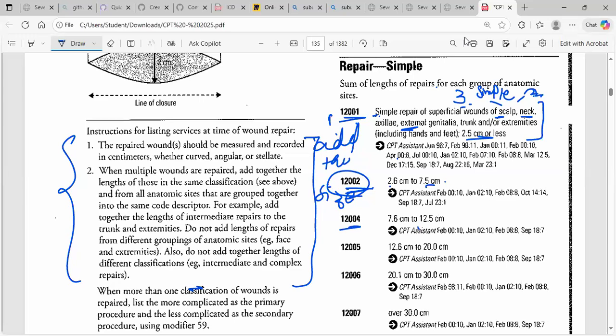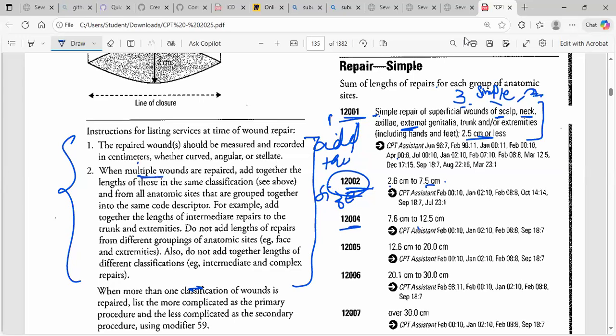Jamil, can you explain what you have understood from these two? Okay, it simply says that the repaired wound should be measured and recorded in centimeters.